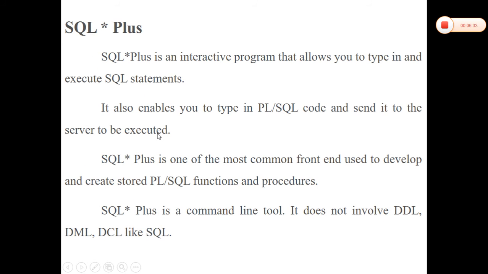Let me tell you about another tool, advanced SQL, that we are going to call SQL*Plus. Here SQL*Plus is an interactive program that allows you to type in and execute SQL statements. It also enables you to type in PL/SQL code and send it to the server to execute.